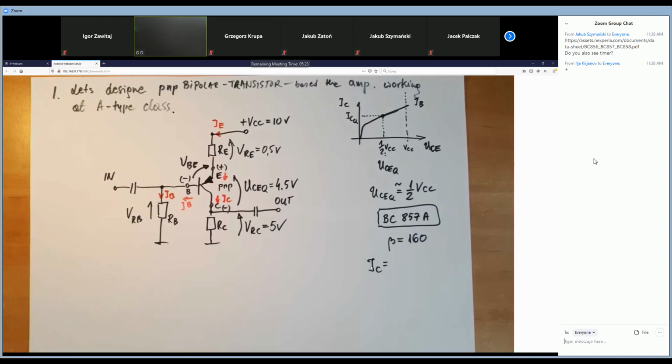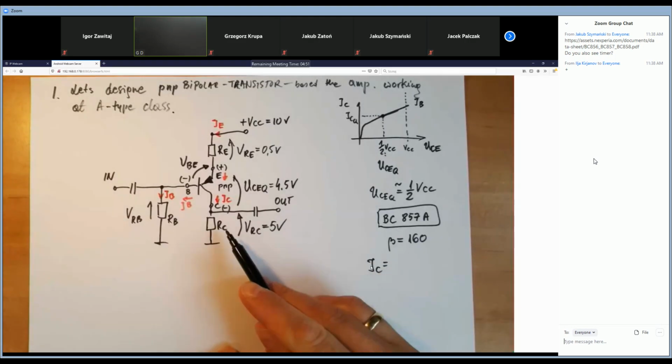Okay, look. Typically, we don't want so much power consumption for such a low power amplifier. So we are rather thinking that a few milliamps is enough for the DC current passing through the collector. Look, if you put 5 milliamps here, what will be the RC value?